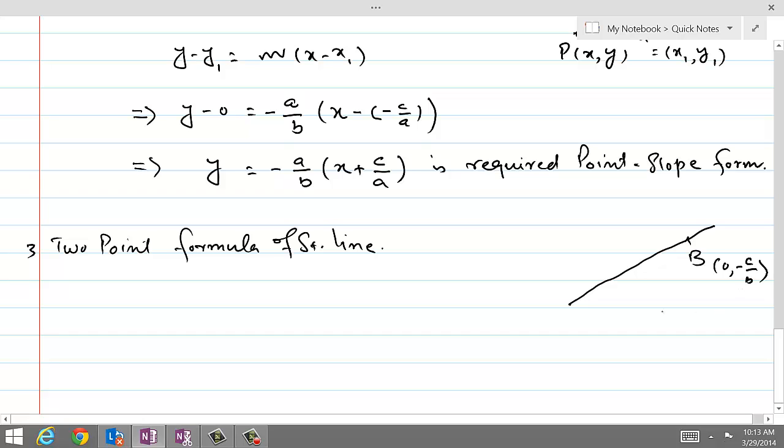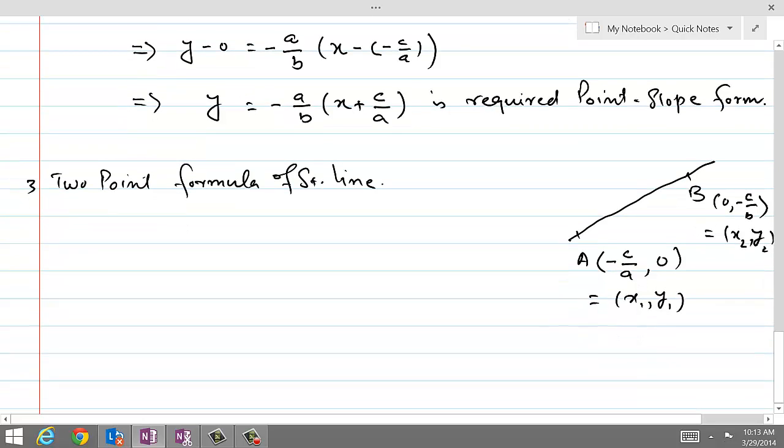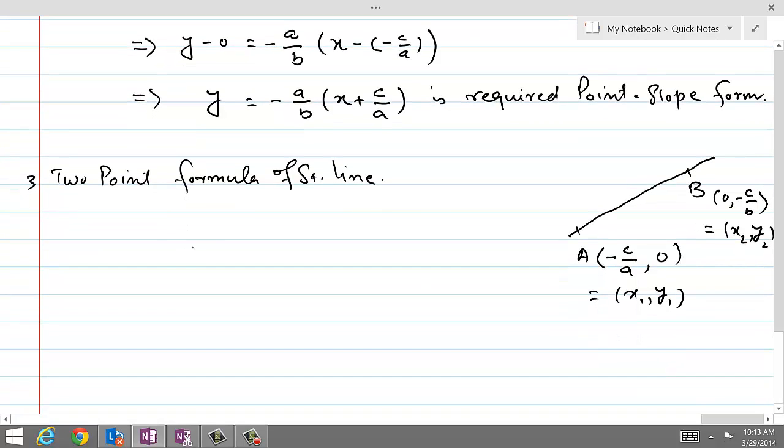This is the y-intercept, and here we also have a point A, which is the x-intercept, with coordinates (minus c over a, 0). If this is labeled as (x1, y1) and this as (x2, y2), finding the equation of a straight line from 2 points is not hard, as we have done before.